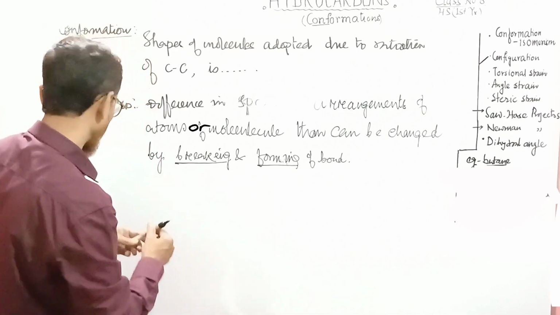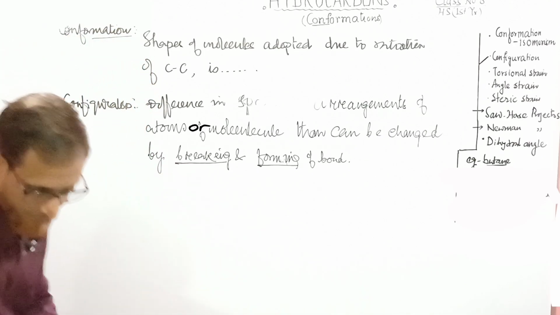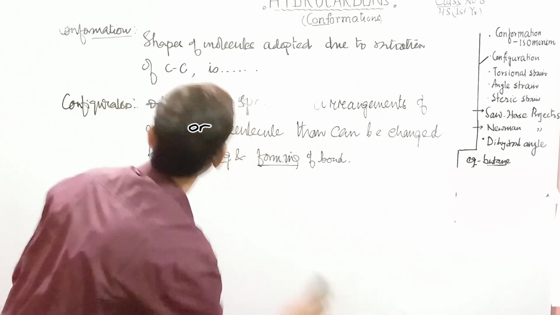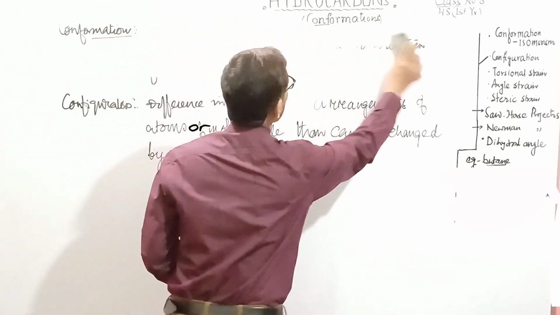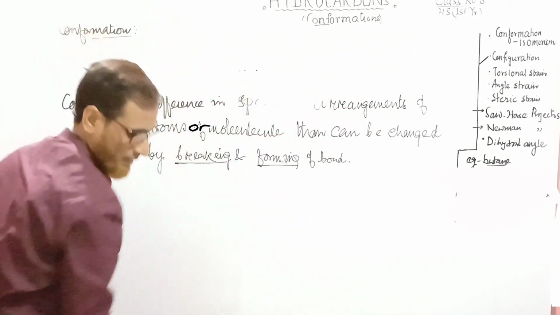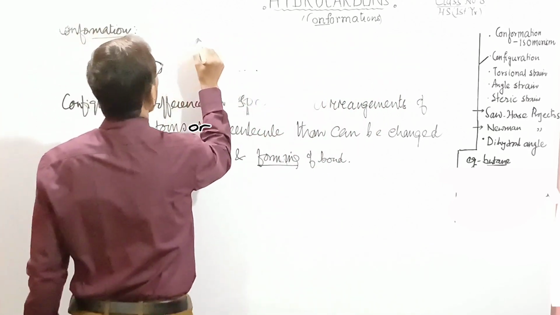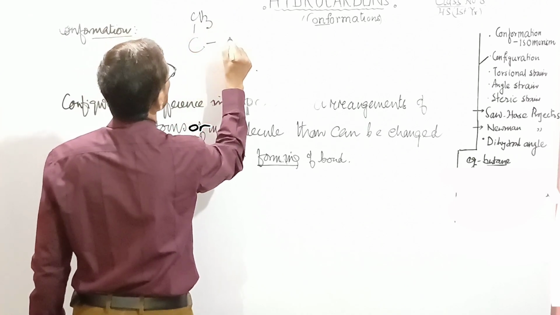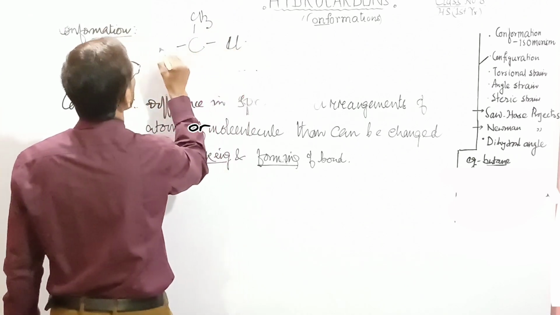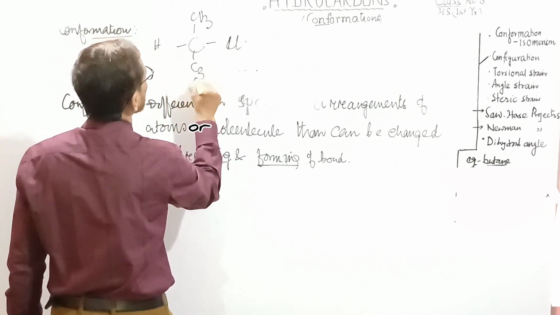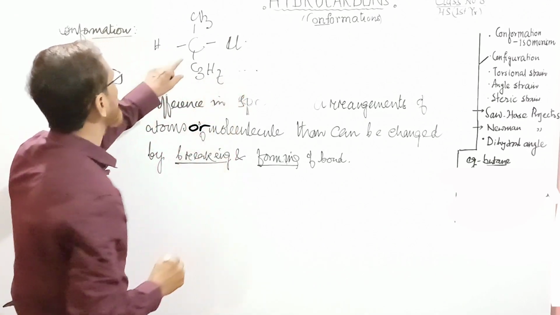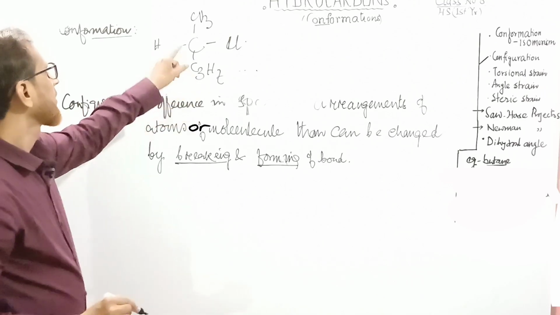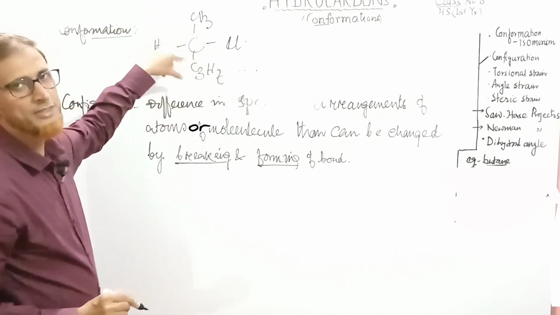I am taking one example. Say CH3, Cl, H, C3H7. This is an optically active compound. It is a chiral carbon; four different atoms or groups are attached to it.